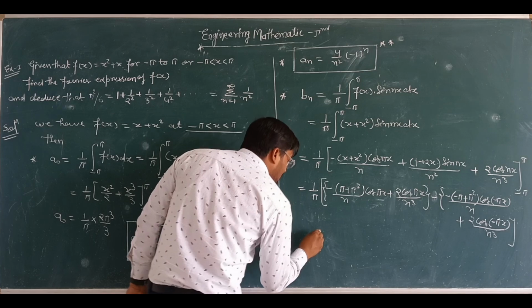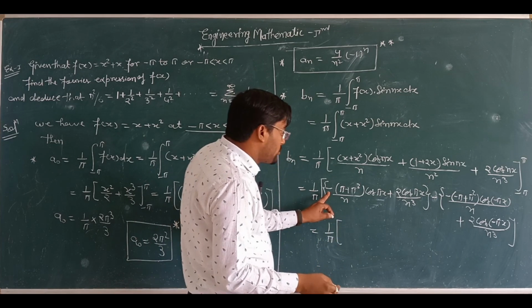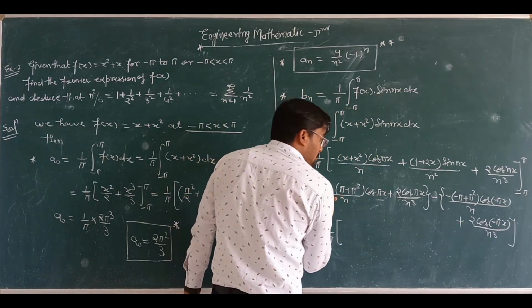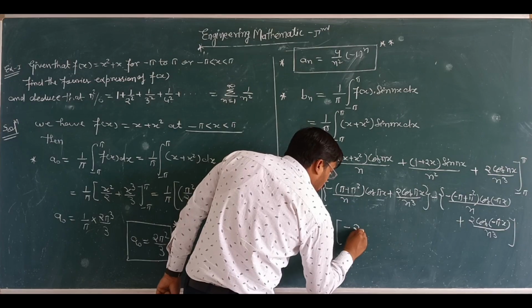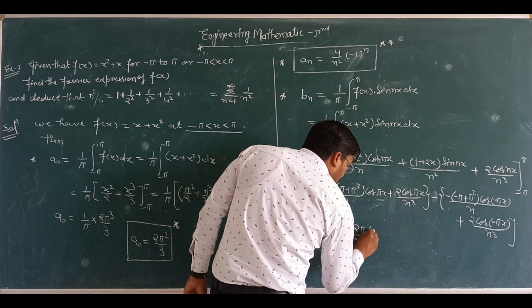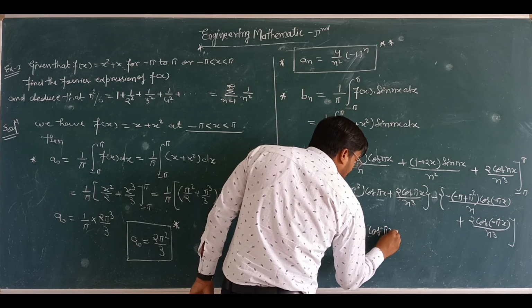Now solve this function. You can write 1 by pi bracket. This is cancelable value, and now again this minus pi. This means minus 2 pi upon n cos pi x.